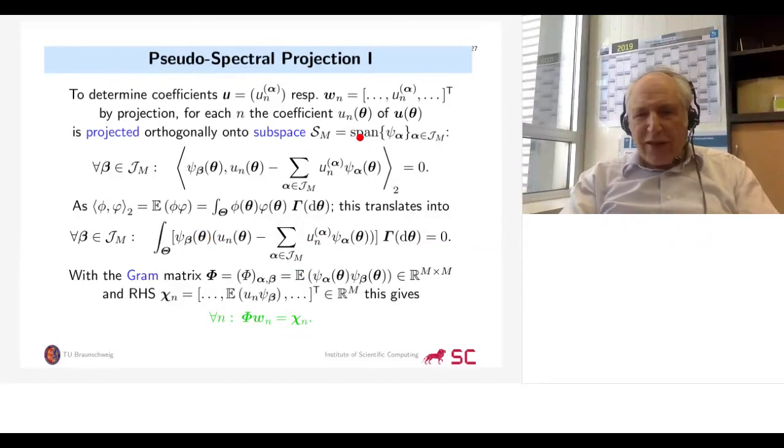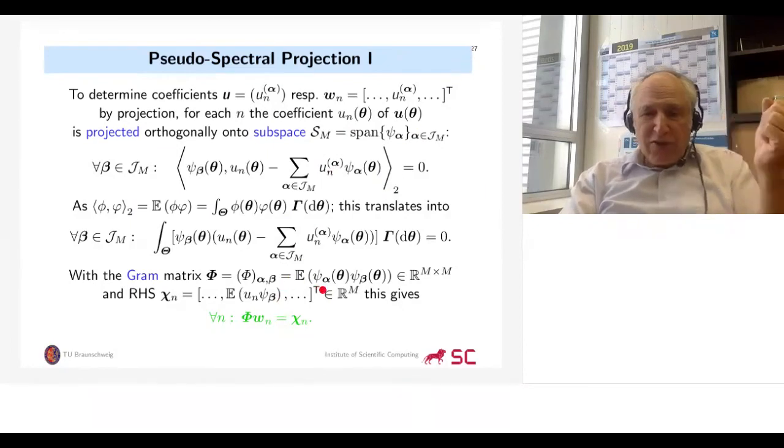You take a span of finite element functions, and then you project the residuum onto that, and you get certain equations like this. So these are Galerkin orthogonality conditions. And the matrix which appears here is something like the mass matrix, you could say. And the right-hand side is given by this here. Then we get a system of equations to solve like this.